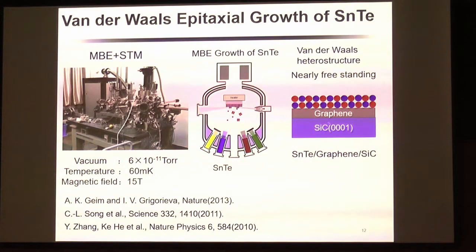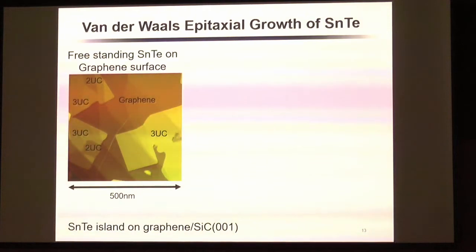But if you change to an inert surface like graphene, you can get a very good thin film. It's not epitaxial because there is no epitaxial relationship, but people always call it van der Waals epitaxial growth.